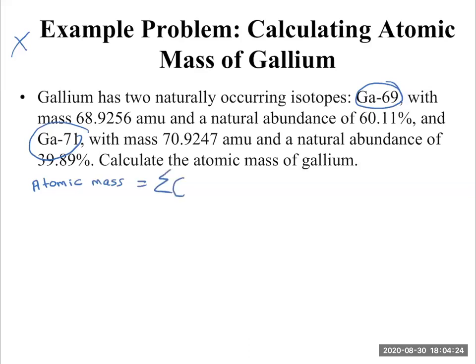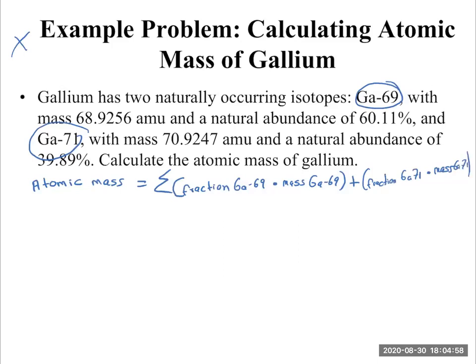You're going to have the mass, so it's going to be the fraction of gallium 69 times the mass of gallium 69 plus the fraction of gallium 71 times the mass of gallium 71.